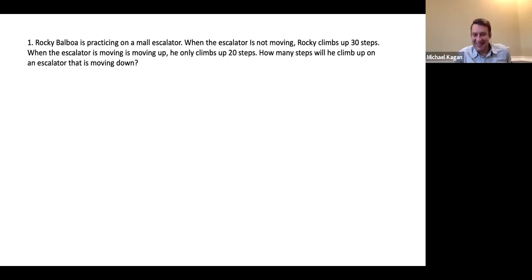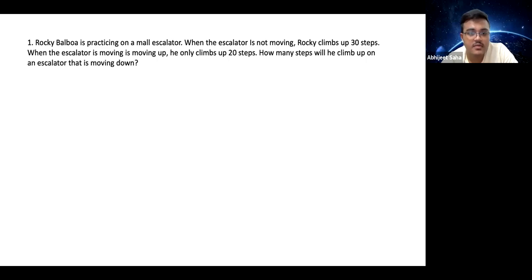All right. So the way I did it was the whole escalator is 30 steps, so we know it's 30. And when the escalator was assisting him, for every 20 steps he did, it had to have given him another 10 steps.